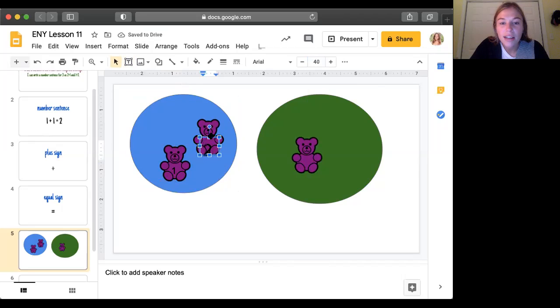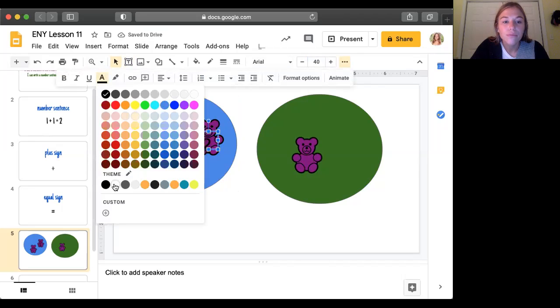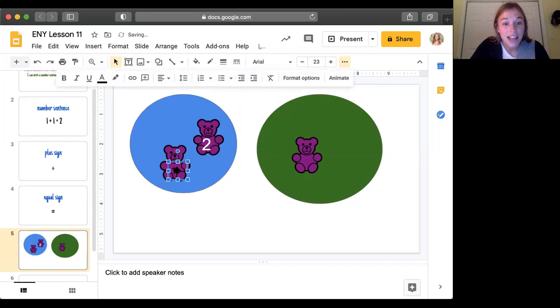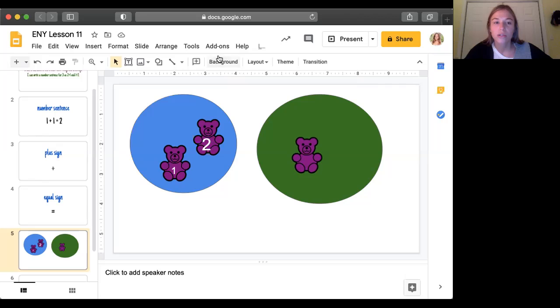So I have 1, 2. Sorry, guys, it's a little harder to label online. But so I have 1, 2, and then I have 1 bear who is in the forest. So I'm going to label him as 1 again.